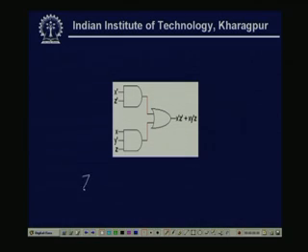The output z realizes x dash z dash, that is the complement of x and z, plus x y dash z, this is a 3 input AND gate. So, this is a simple function f. So, f equal to x dash z dash plus x y dash z.